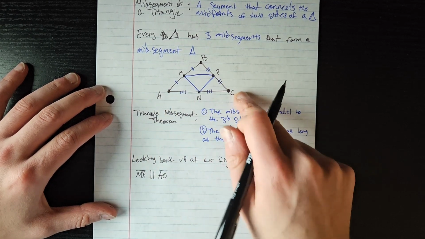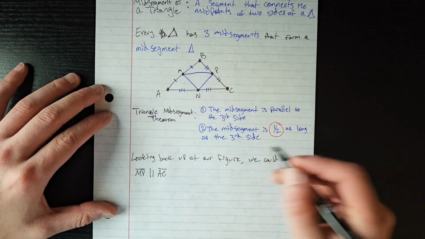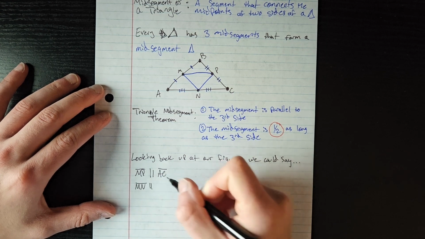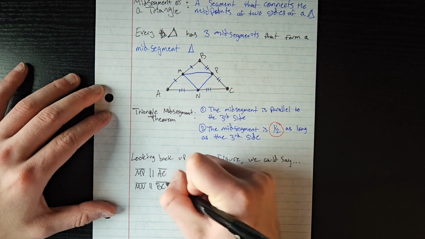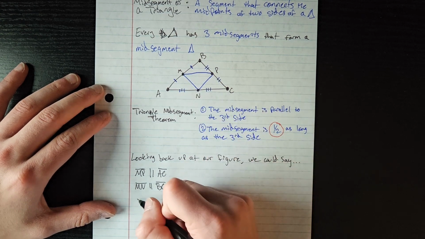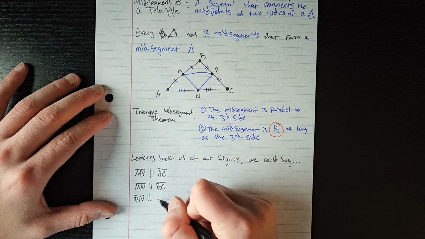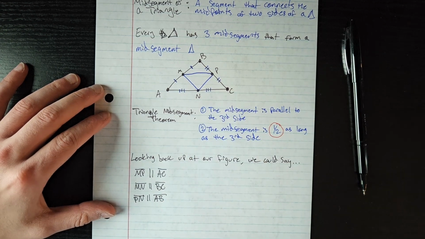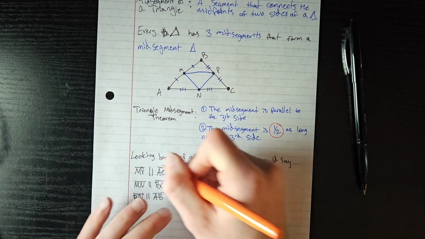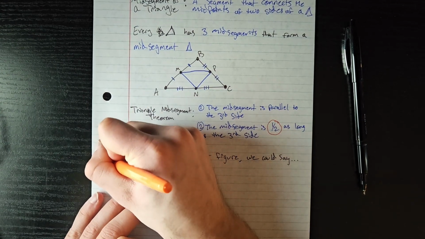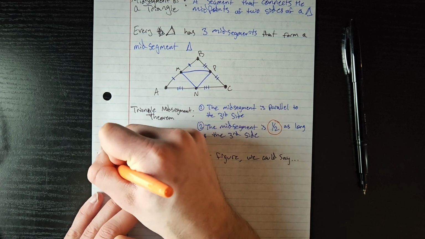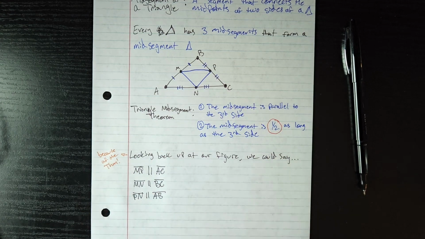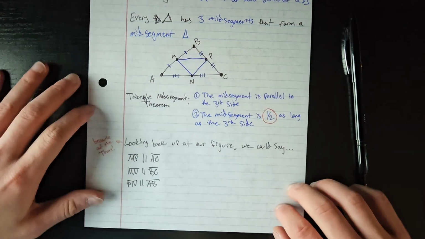You can say those are parallel because of the theorem. We could also say that MN is parallel to BC because of the theorem. And we could say that PN is parallel to AB because of this theorem. Maybe we should write because of the theorem, so I don't have to keep saying it.